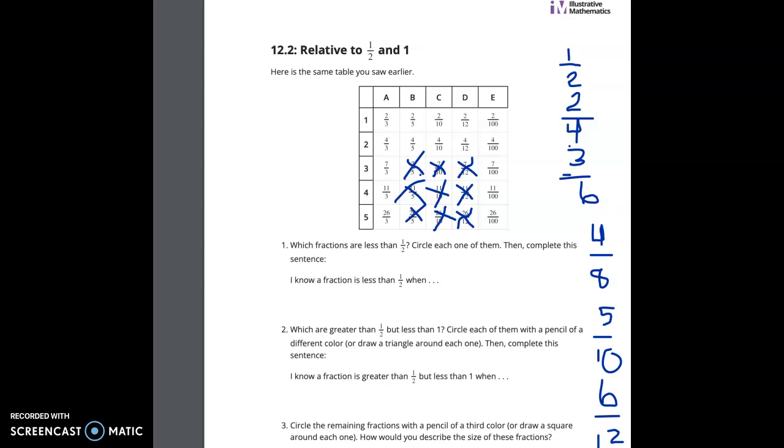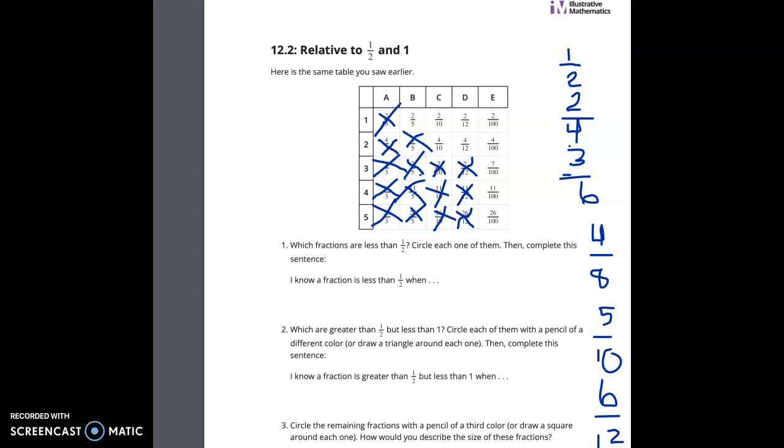This one's almost 1, so that one can't be it. Okay, that one's higher. This one's higher than 1, greater than 1, greater than 1, greater than 1. And that one is more than a half.